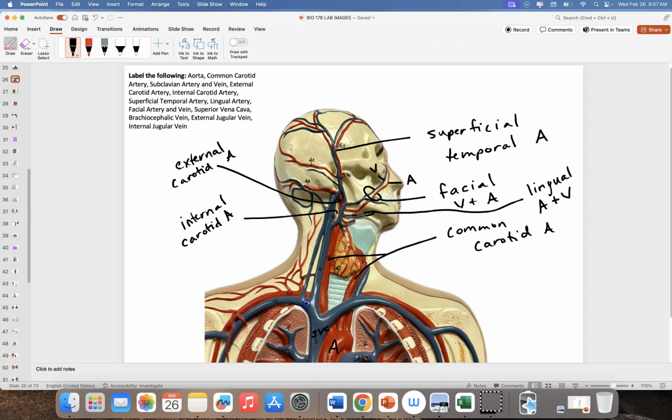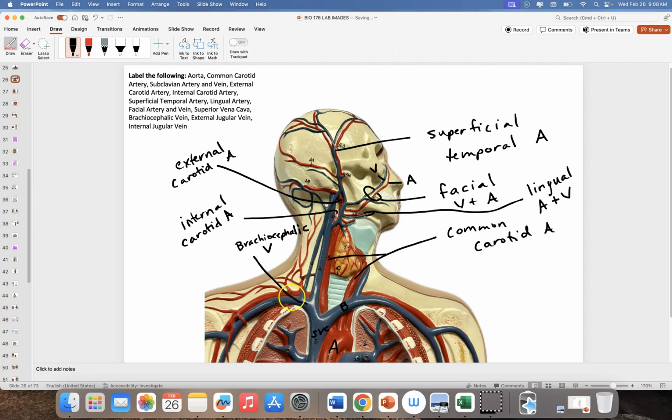I'll go ahead and note that here. On the right side, this would be the right brachiocephalic vein, and then I'll just use a B over here. This would be the left brachiocephalic vein.